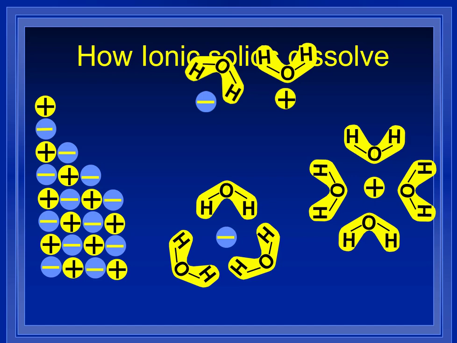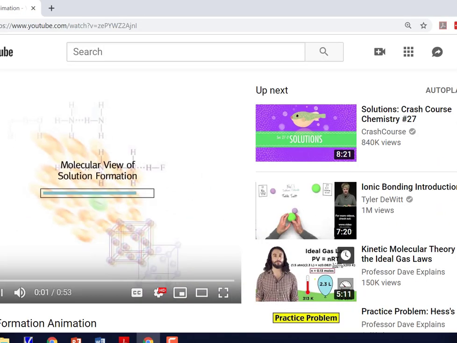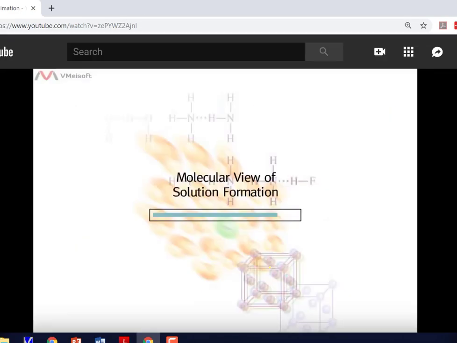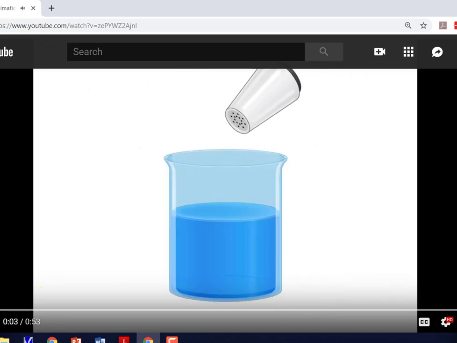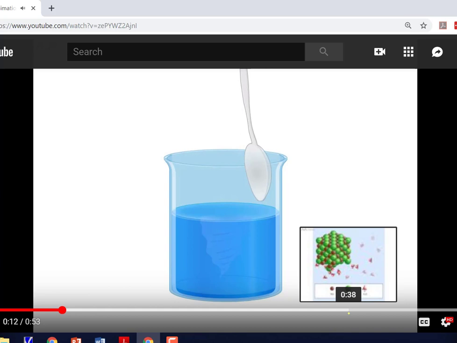Let's see if I can find something done by professionals. Okay, you put some salt in water. Stir it up, it disappears, right? It's not cloudy. Why?